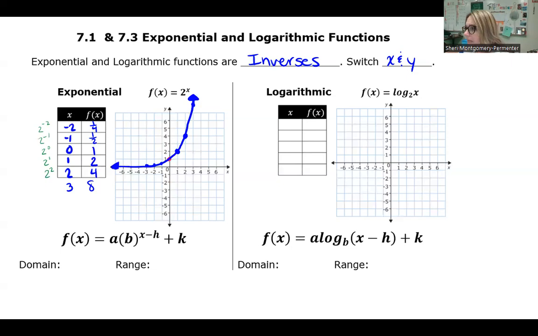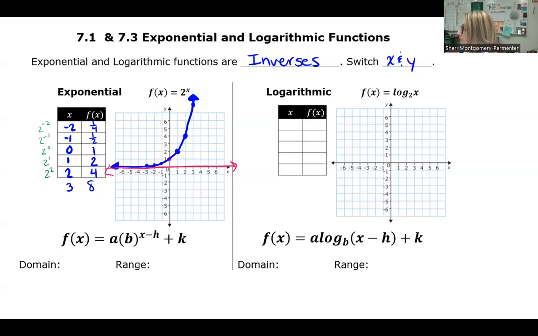Or if you have a highlighter, you can make it a solid line. Or if you have a colored pen, you can do a solid line. But right at 0, there's actually an asymptote because your graph never touches. An asymptote is somewhere that your graph gets so close, but it can never actually touch.